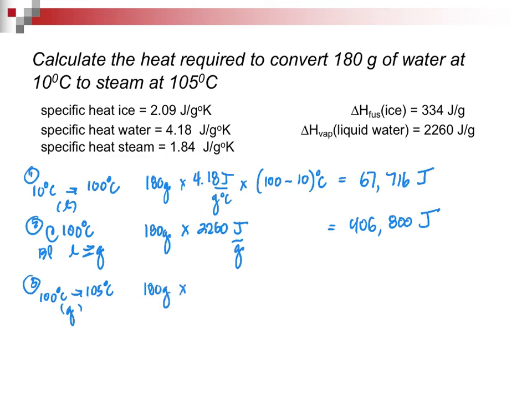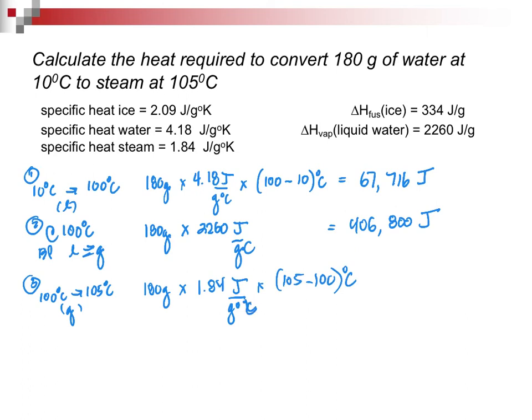180 grams, it's the same all the way through, but now we use the specific heat of steam. Sorry, it's hard to say it, easier to do. 1.84 joules per gram degrees Kelvin. I guess I have centigrade and Kelvin. They're both the same. They're equal in terms of size. And we have 105 as our final minus 100 degrees centigrade.